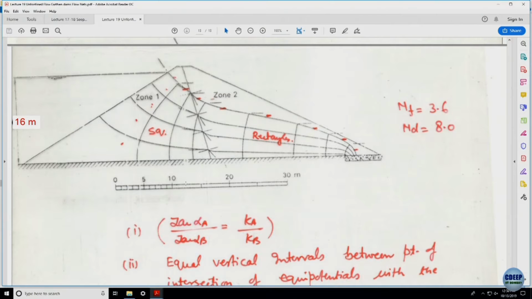So, in this case, it is a beautiful example of how two zones have been clubbed together to do the seepage analysis. So, I am using the concepts of isotropic systems, homogeneous individually, but I have two zones which are heterogeneous in nature, and I am showing here the concept what we have used over here, that there are two ways of solving this.